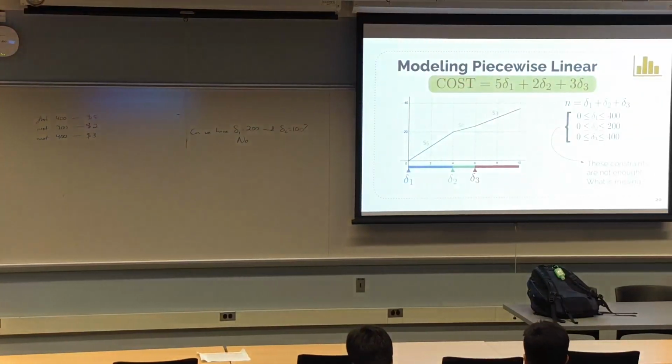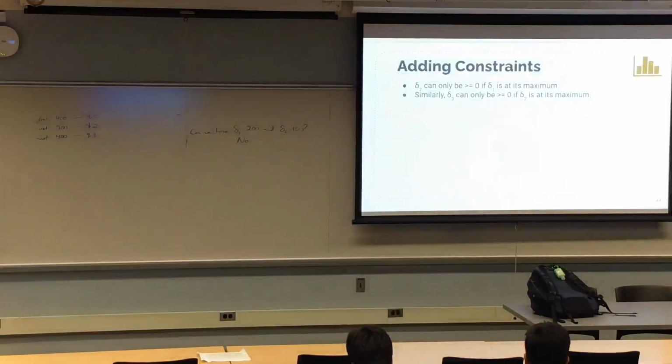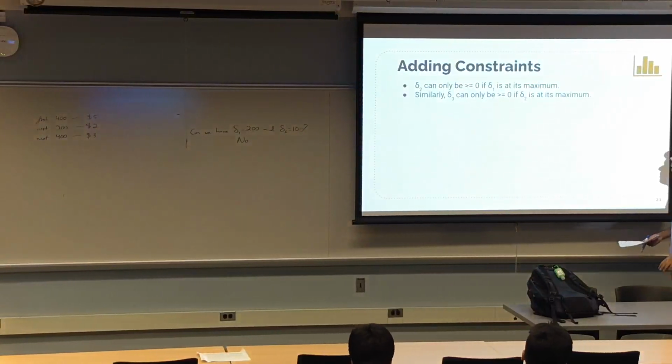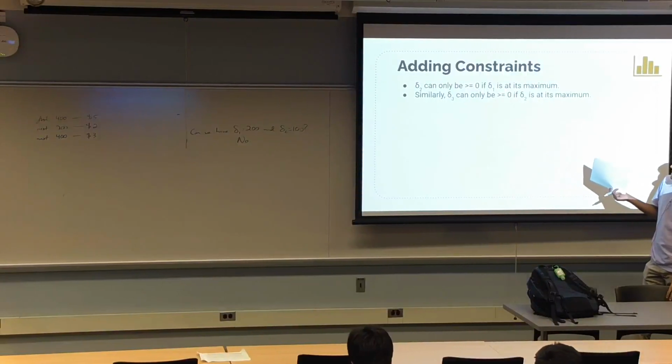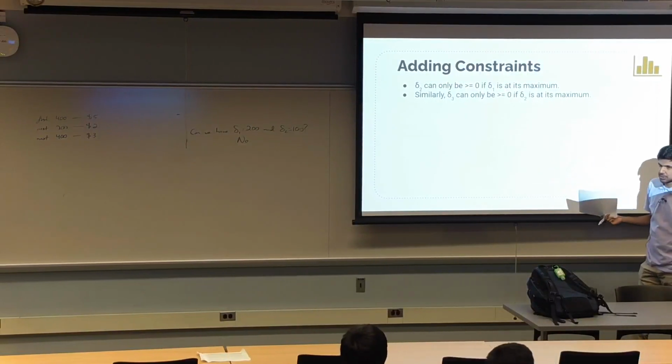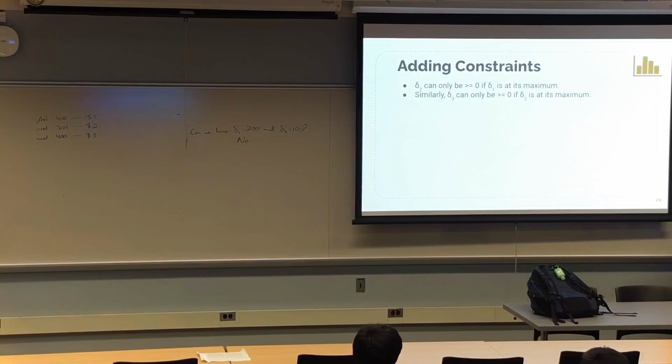Okay, we just did that. So here are the observations that we made: delta 2 can only be greater than or equal to 0 if delta 1 is at its maximum. And the same thing for delta 3, contingent on delta 2. That should be greater than.